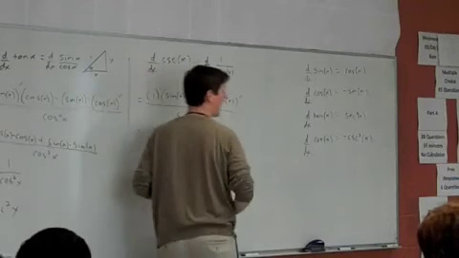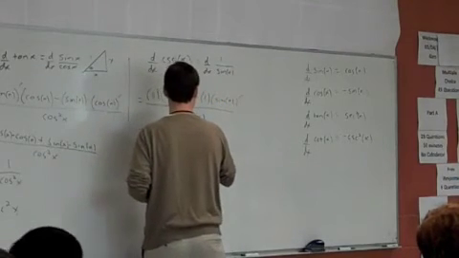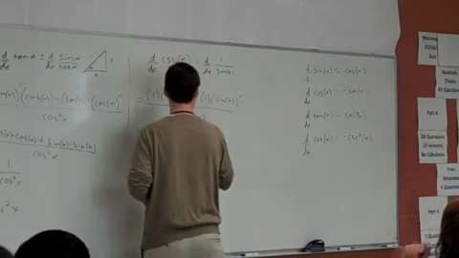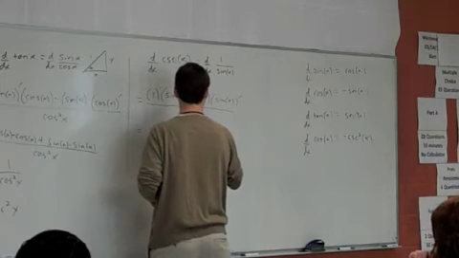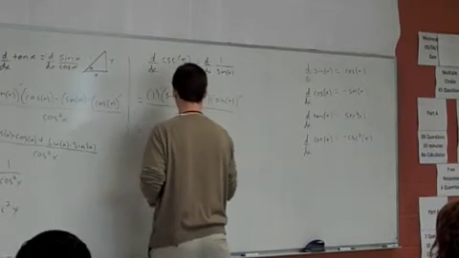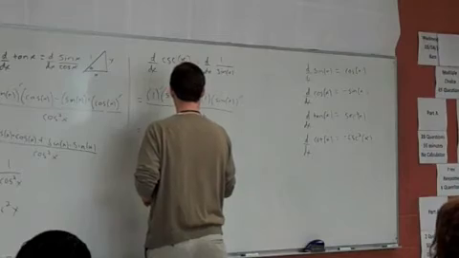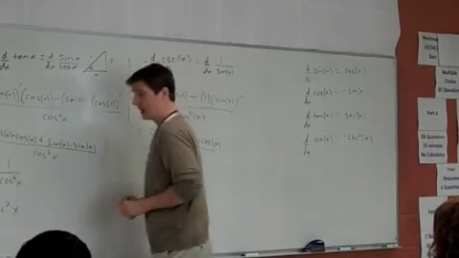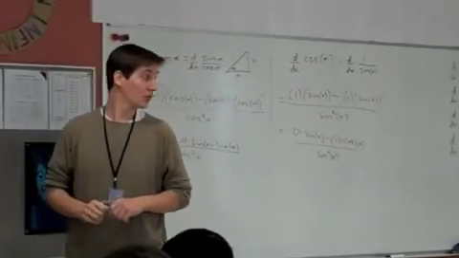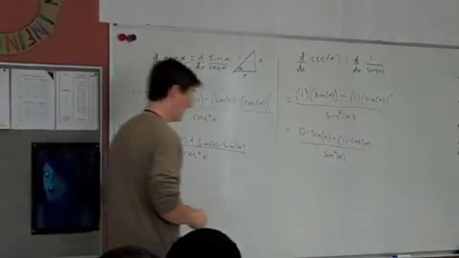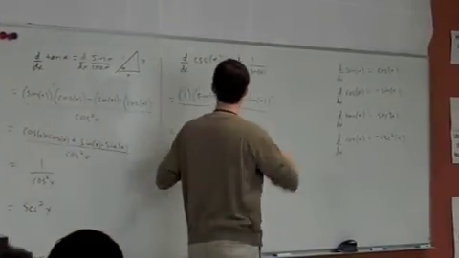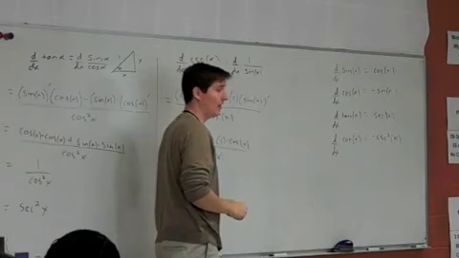What's the derivative of sine? Cosine. All over. Am I done? Yeah. Sure. You are. On a test, if it's free response, this is the derivative of cosecant of x.